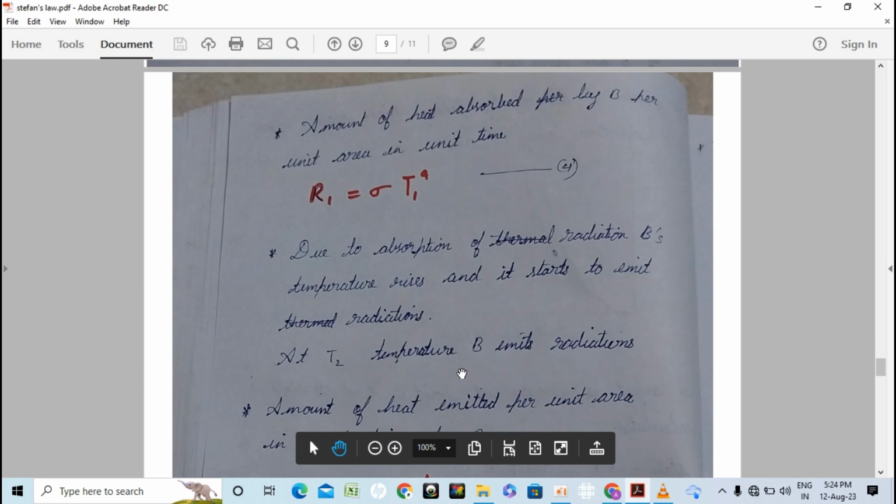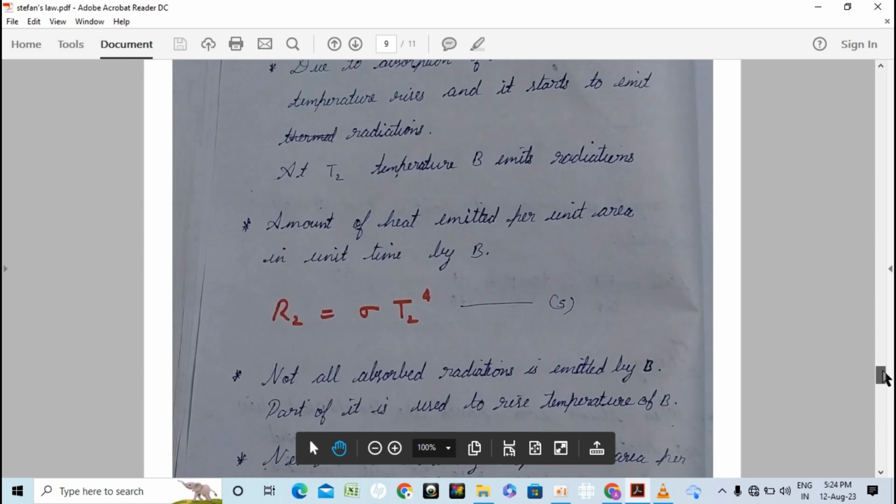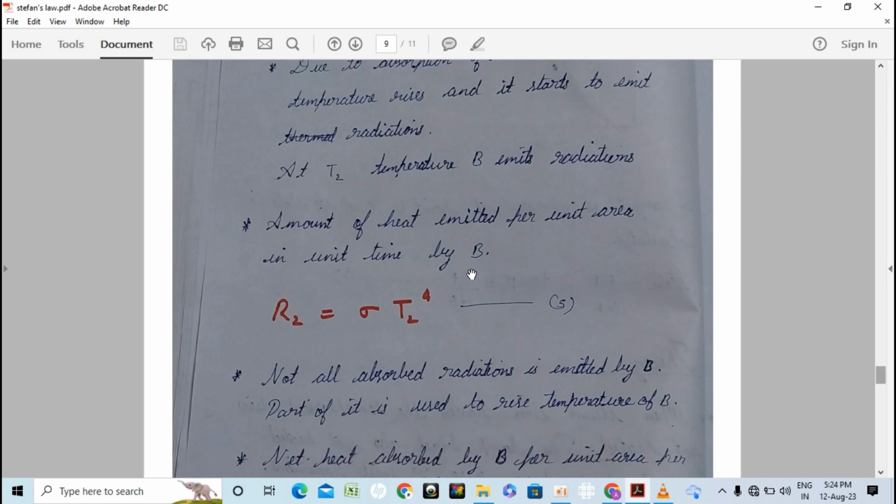Let's say at temperature T2, B emits radiations. You know that B's upper surface is coated with lamp black, so it also acts as a black body radiator. So the amount of heat emitted per unit area in unit time by B is R2. R2 is equal to sigma into T2 raised to 4.